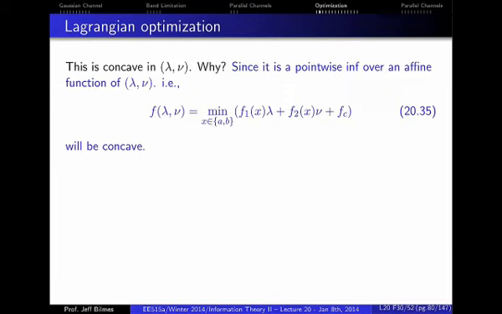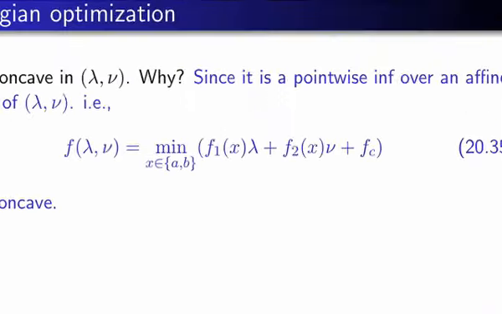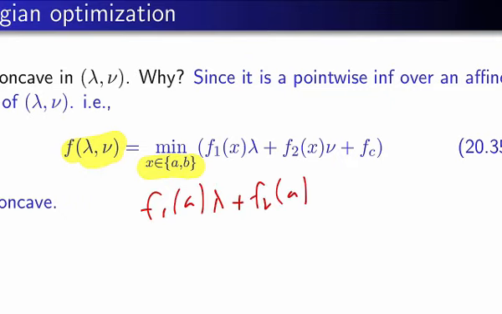When you think of this as just a function of lambda and nu, we're taking a minimum over a set of possible values of x, which in this case is only two, a or b. For each value of x, say a, it's f1 of a times lambda plus f2 of a times nu plus f0 of a. That's just an affine function in lambda nu.